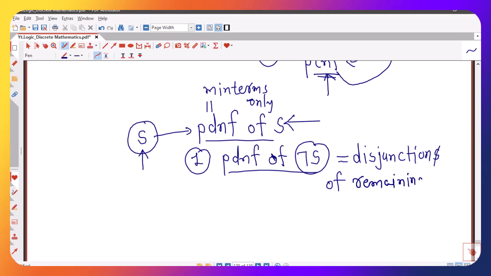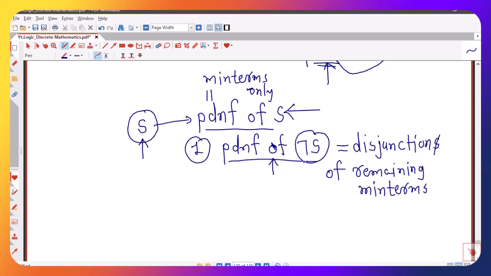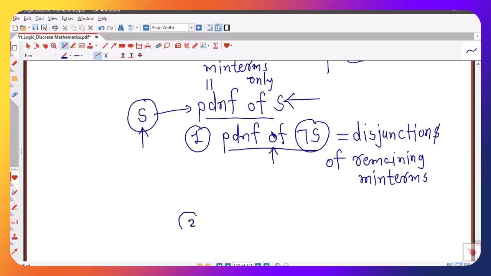The min terms which we have not used in the PDNF of formula S, those remaining min terms will be used to write down the principal disjunctive normal form of negation S. Now after that we will take the negation of negation S. Whatever PDNF of negation S we have obtained, we will take the negation of it, and that will be our principal conjunctive normal form of the given formula S.